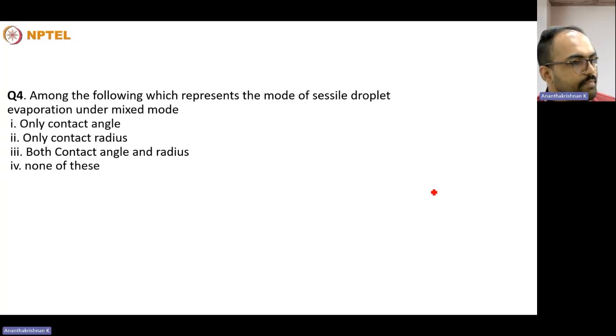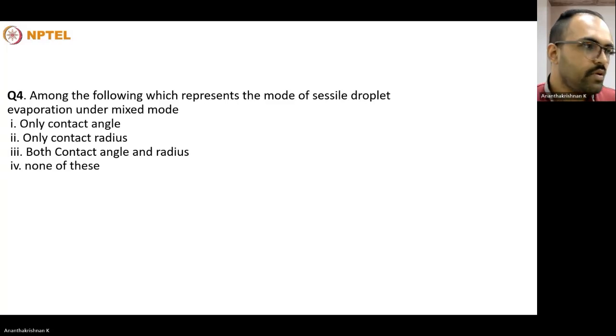So this is a problem based on sessile droplet evaporation under mixed mode. Among the following, which actually represents the sessile droplet evaporation under mixed mode: only constant angle, constant radius, both constant angle and constant radius, or none of these?